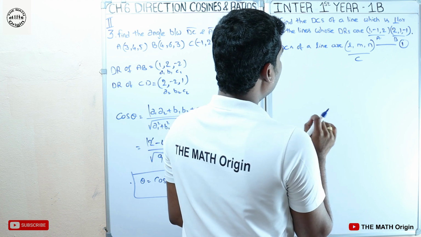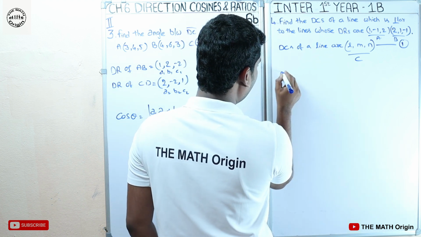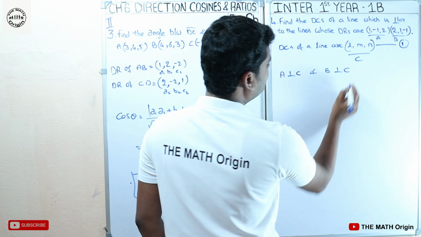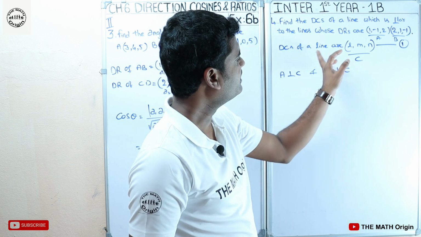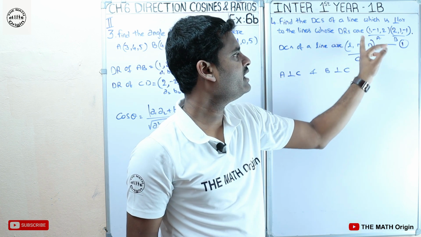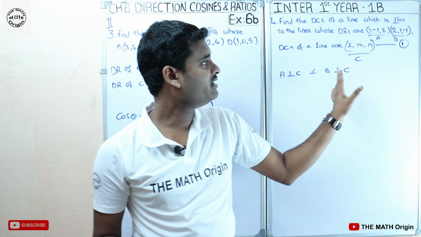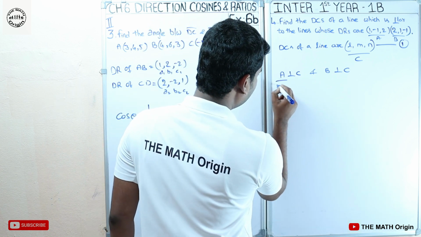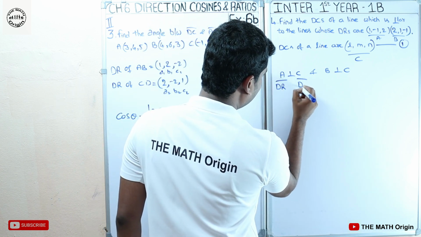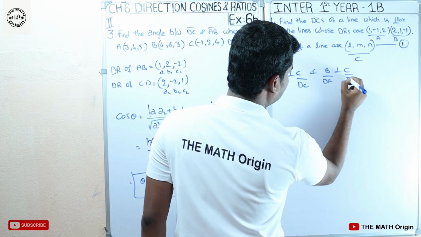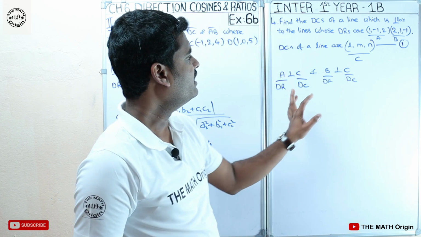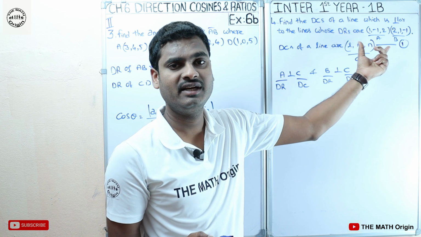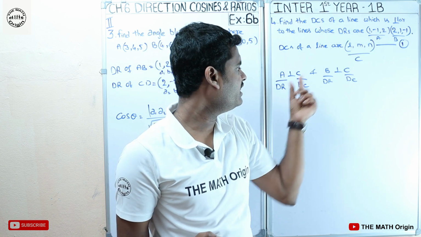Let's consider the line with DRs 2 1 minus 1 as B and 1 minus 1 2 as A, and the unknown line as C. So if you see here, they mentioned A is perpendicular to C and B is perpendicular to C. The given DCs are perpendicular to A and perpendicular to B, but here one more condition is there. These are DRs and this is DC. The result we need to get is in DCs, but for A and B we have DRs.